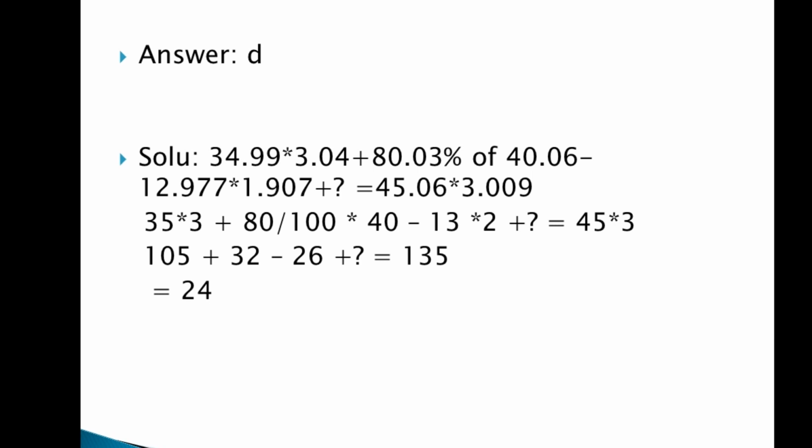The next step we can write as 35 into 3 plus 80 divided by 100 into 40 minus 13 into 2 plus question mark is equal to 45 into 3. Next step, 105 plus 32 minus 26 plus question mark is equal to 135. So we can write as 24. So 24 is option D.